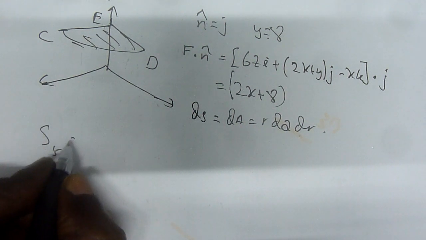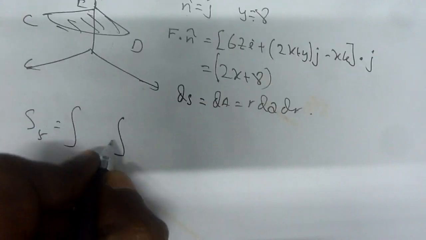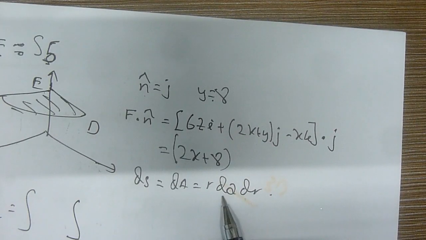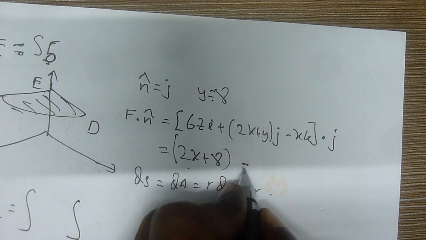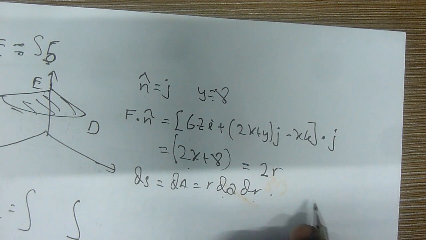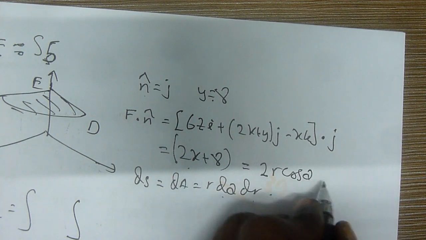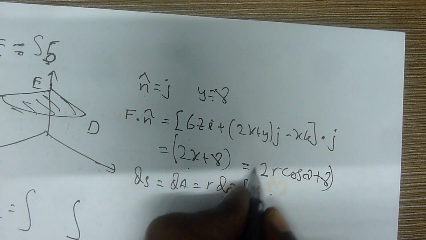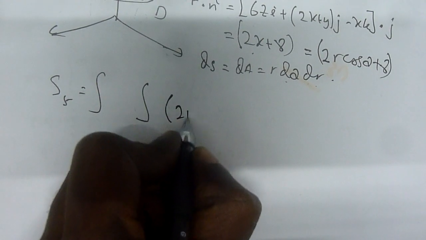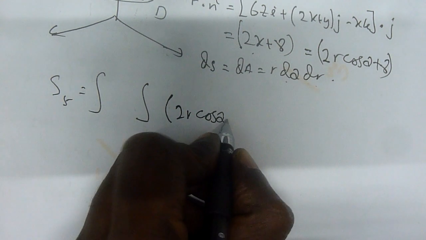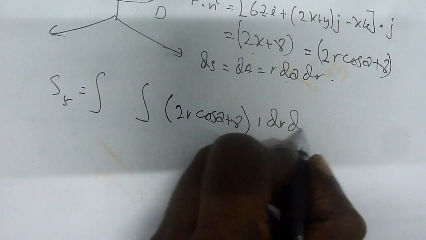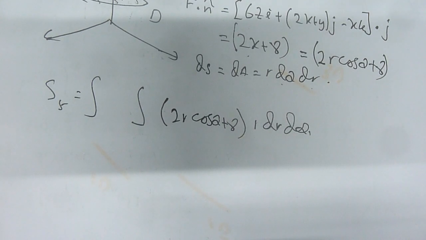Yes. The S5 can be calculated based on the 2x. Remember, we are using theta and r, x is 2r cos theta plus 8. Now this is 2r cos theta plus 8, and r dr dθ.